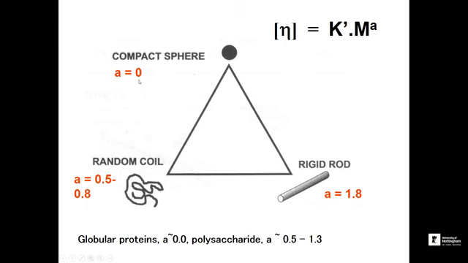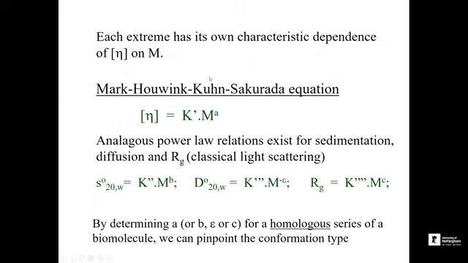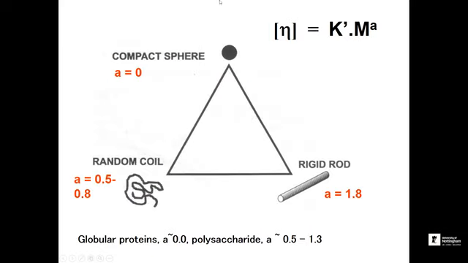The intrinsic viscosity depends on M to the power a. M to the power naught is 1. So all you're left with is this constant in front, so it doesn't change with molecular weight. So a equals 0, sphere.